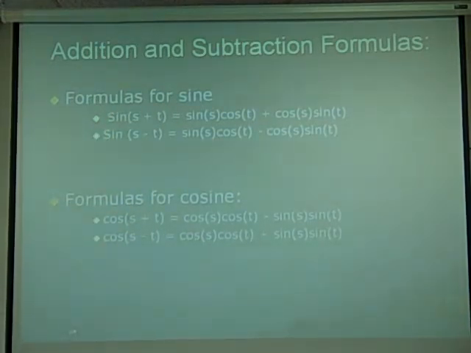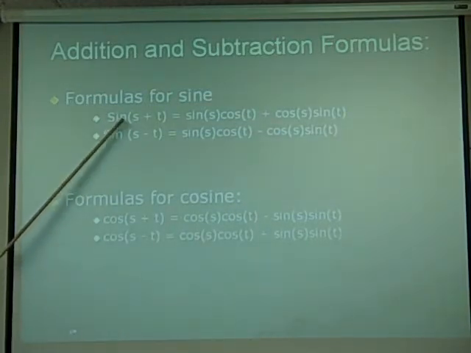So from that, we could use exact values like square root 3 over 2, 1/2, 0, 1, square root 2 over 2 for a lot wider range of angles.